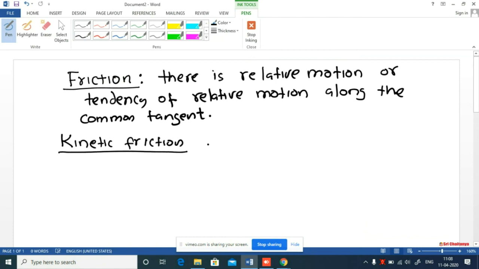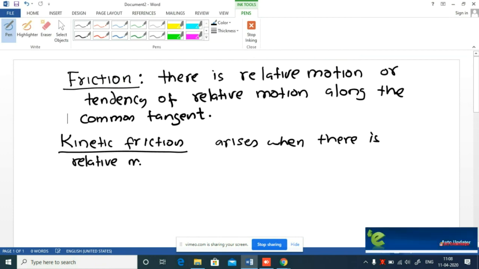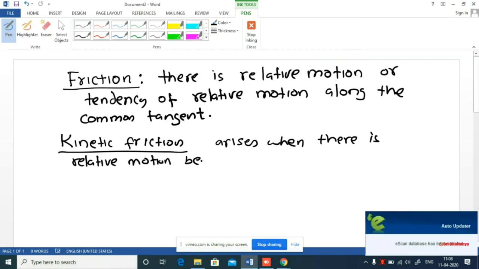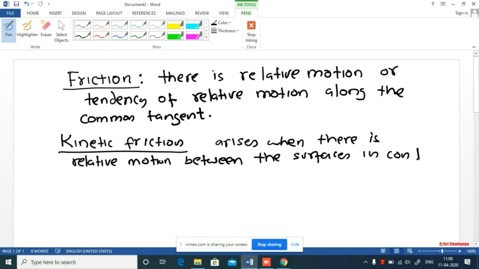So kinetic friction arises when there is relative motion between the surfaces in contact along the common tangent. Well, naturally the question is, what do we mean by relative motion in physics?